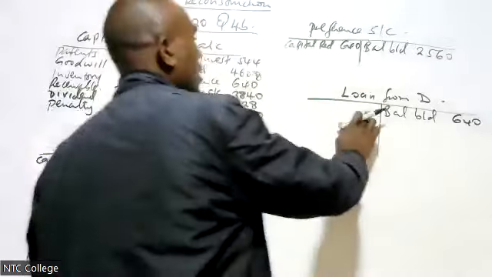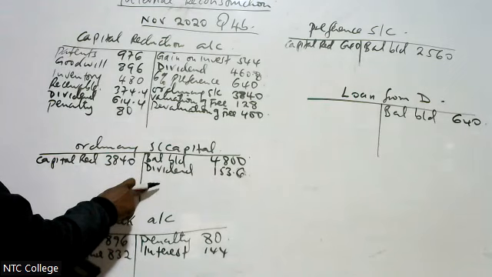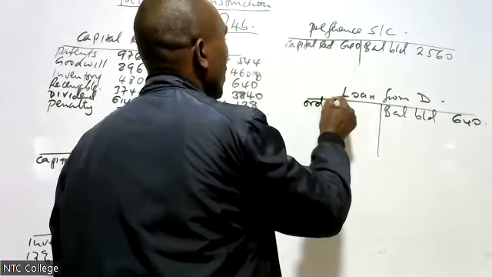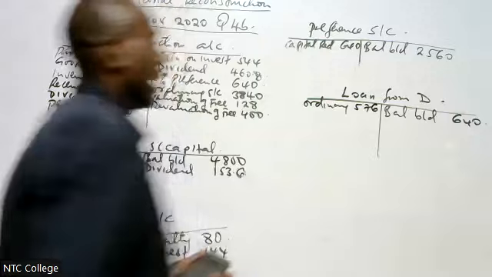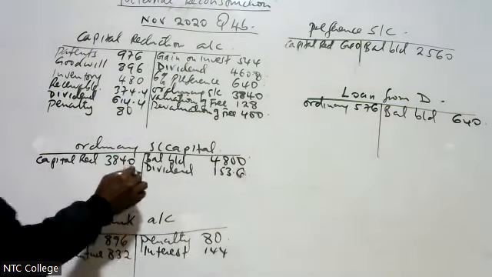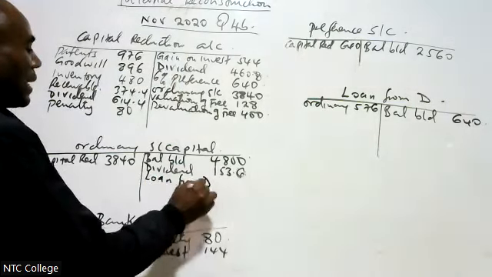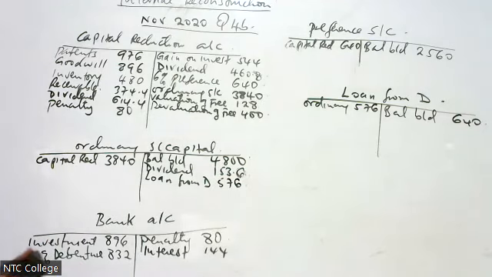That one we debit loan from directors, we credit ordinary share capital because we are issuing capital. Therefore, I say here ordinary share capital, 576.